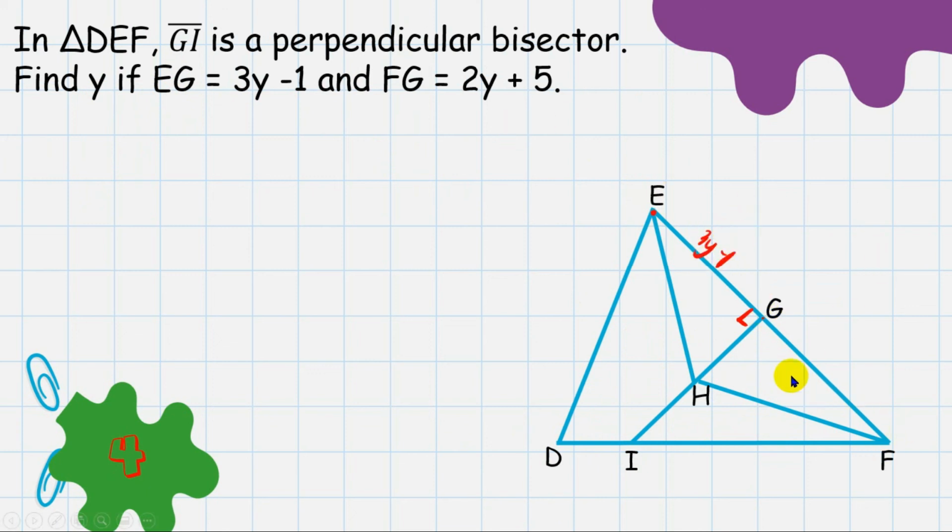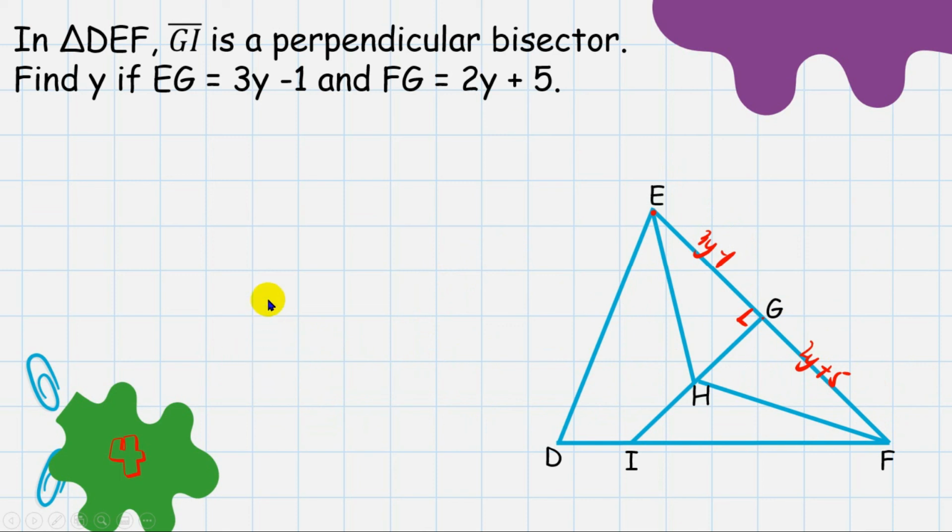And yung F to G or FG ay 2y plus 5. Anong relationship ng dalawang yan? Paano natin masosolve yan? 3y minus 1 and 2y plus 5. So, pause this video again and then solve for the value of y at later on, lagay nyo sa comment box kung ano ang answer nyo sa bawat item.